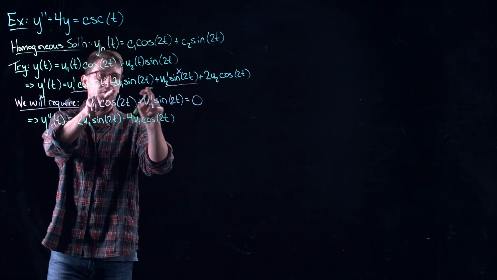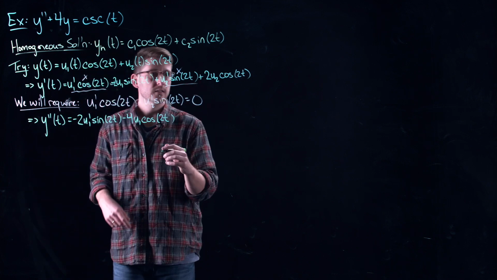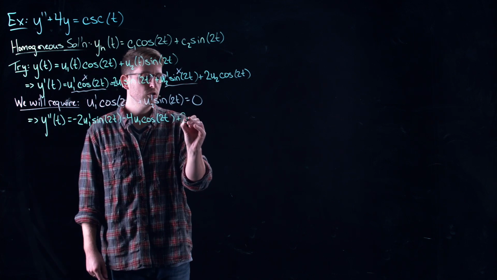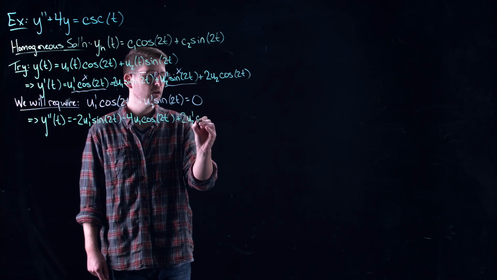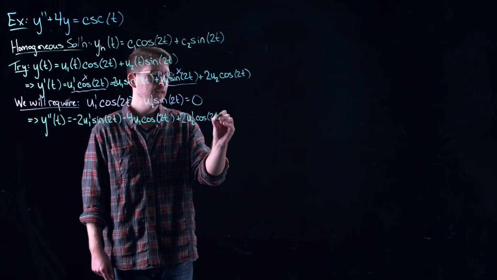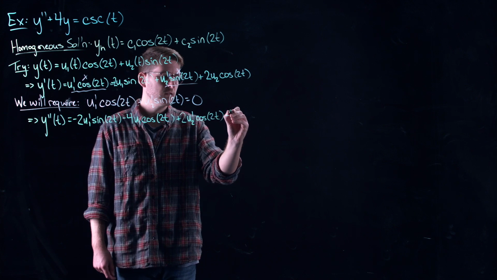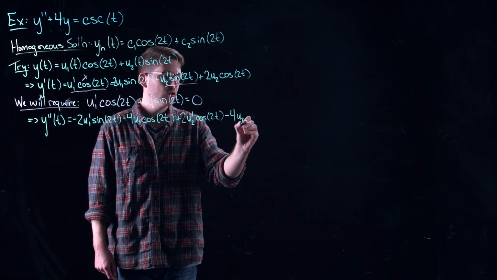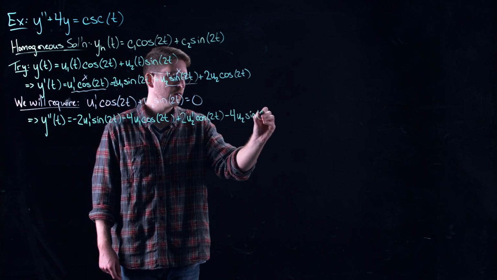That's just the derivative of this product. And then same thing over here, plus 2 u2 prime cos of 2t, and then minus 4 u2 sine of 2t.